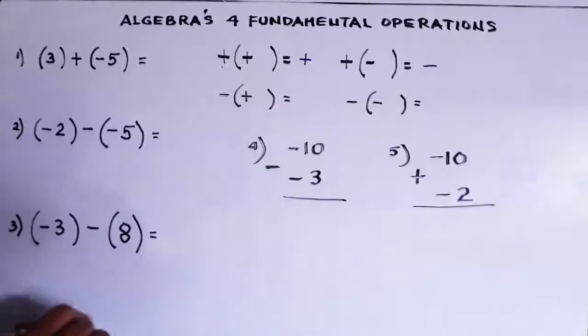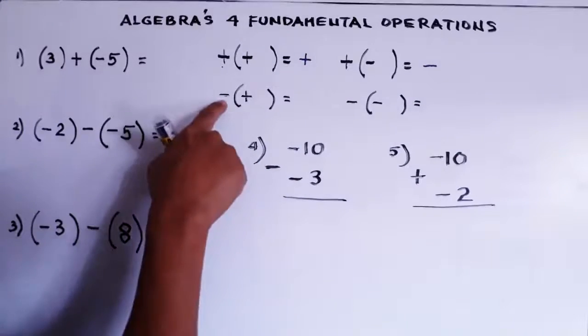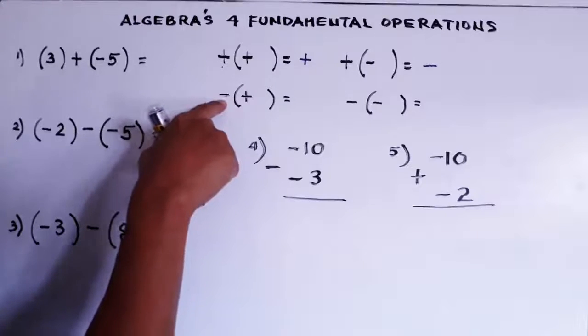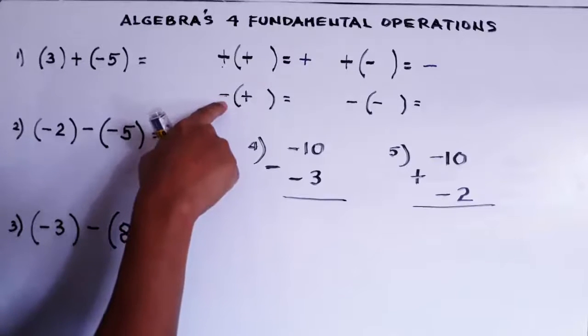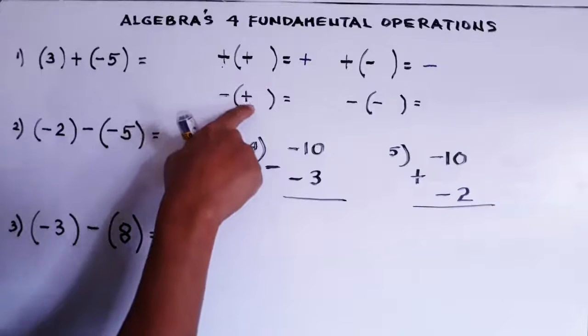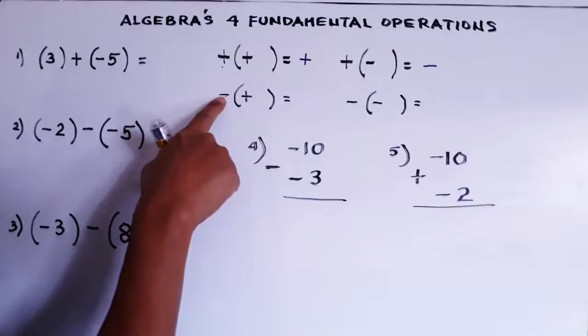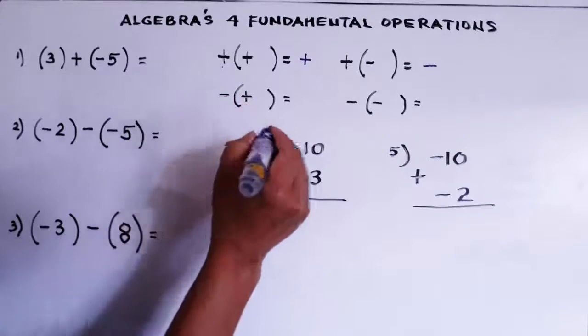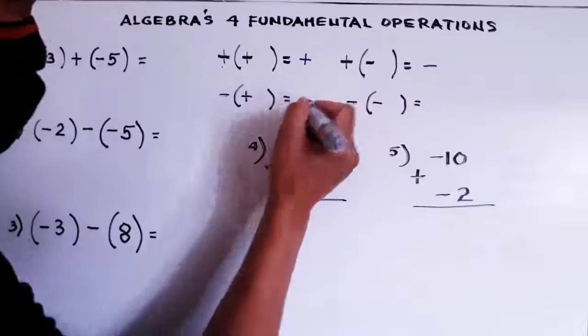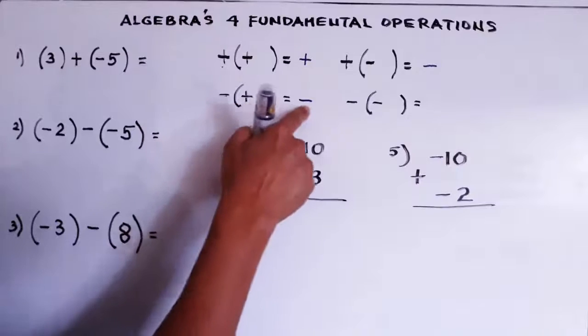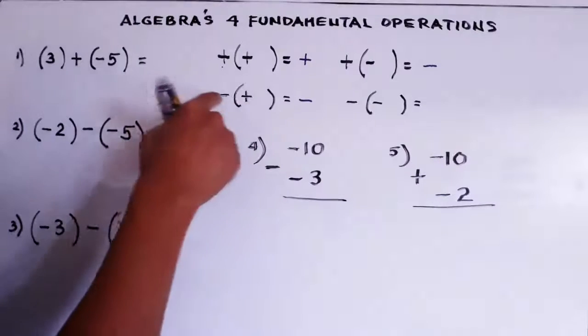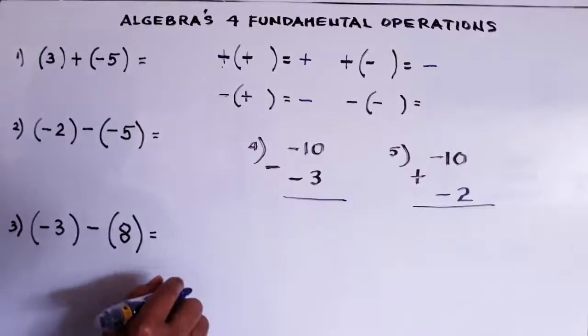But if the negative is the one on the left, this one will change when they combine. Because this one is negative, this positive will become negative when they combine. So they are now both negative.